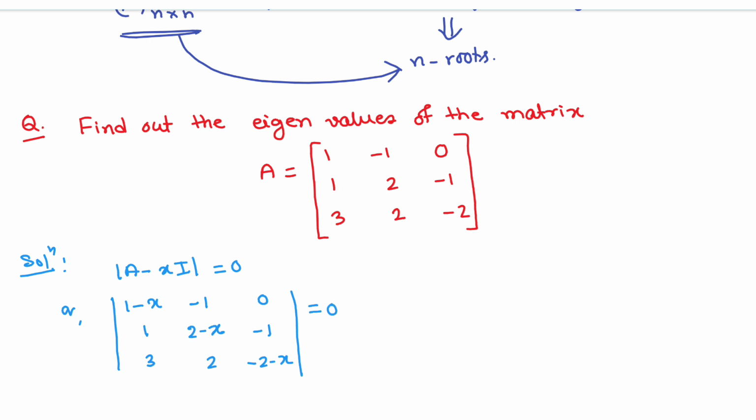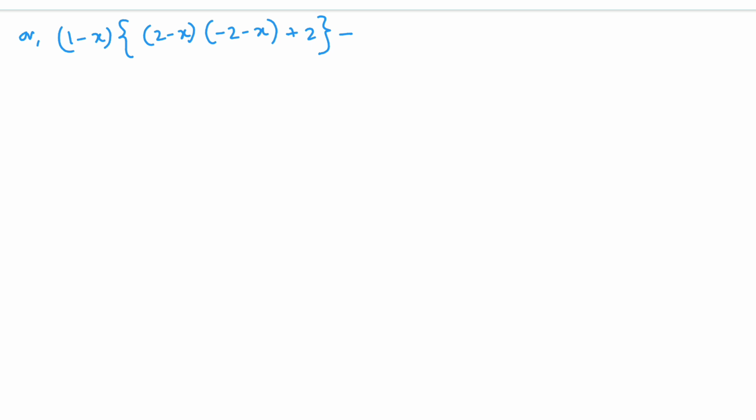So if you find out the determinant, then you will get this is equals to (1 minus x) into (2 minus x). Don't copy from my video, just pause the video and calculate this problem yourself. So (2 minus x) into (minus 2 minus x) plus 2, minus minus 3 plus 2 plus x. This is equals to 0.